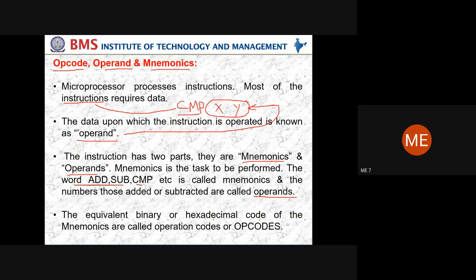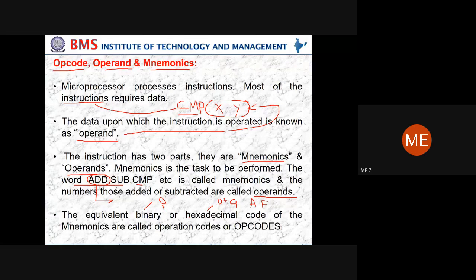That means we have, for example, add, and the equivalent of add in terms of binary or hexadecimal. Binary is in terms of zeros and ones, and hexadecimal uses 0 to 9 and A to F. The numbers 0 to 9 are the digits, and if I take letters, it is A to F. That is hexadecimal. Binary is only 0 or 1, combinations of 0 and 1.